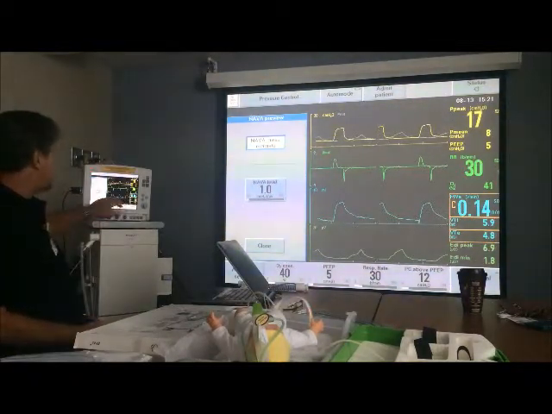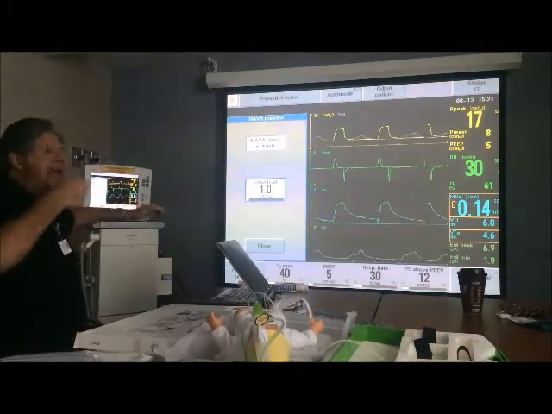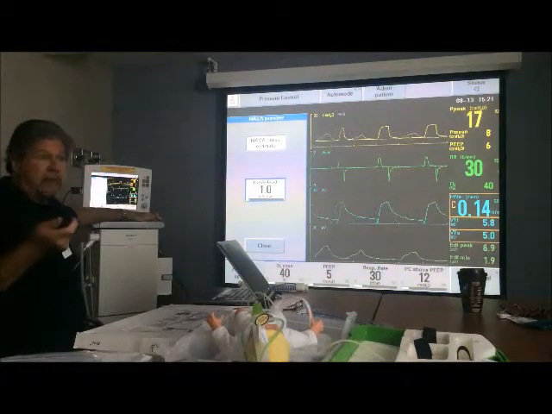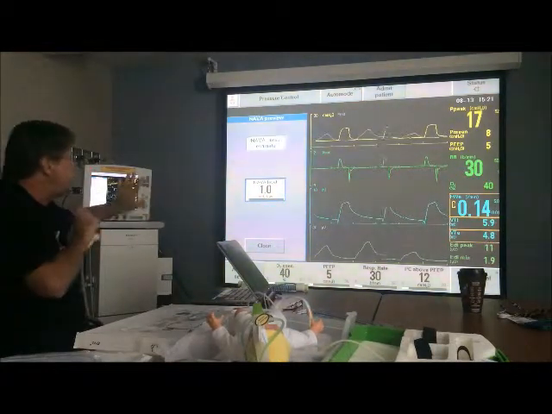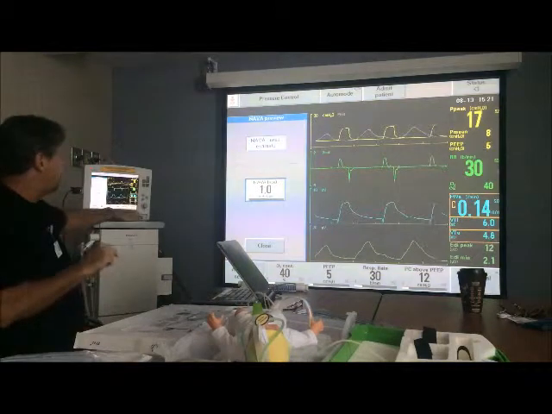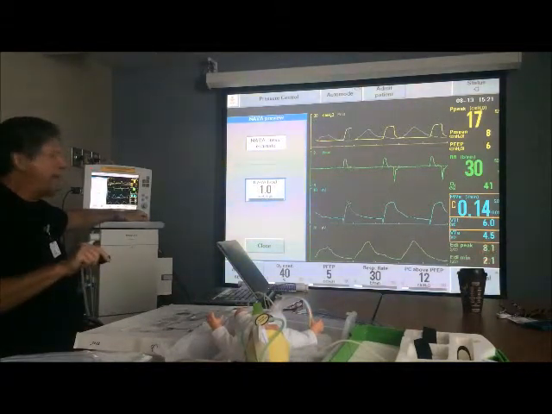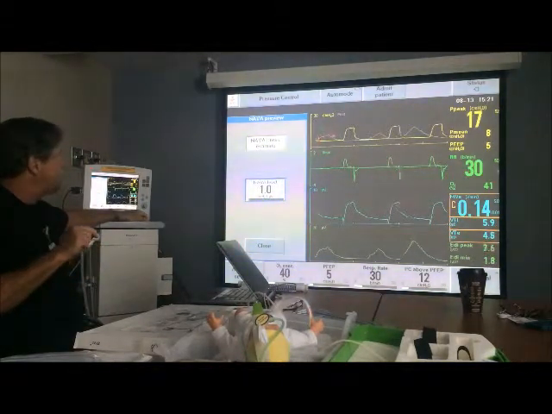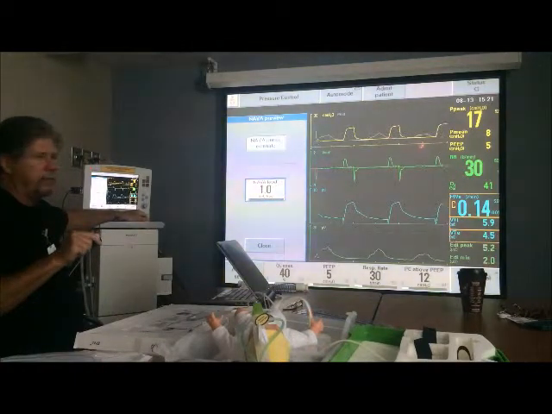Because we can't do that math that quickly in our heads, and if we could, we wouldn't need what I'm going to show you next, the ventilator is doing that mathematics for us, and that's how it's producing this white line up here.